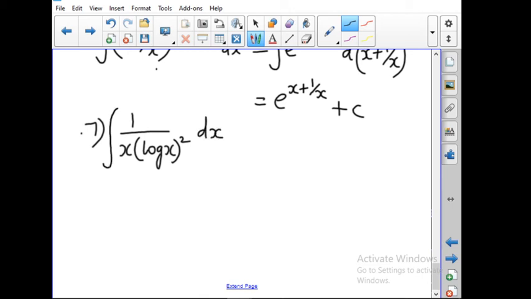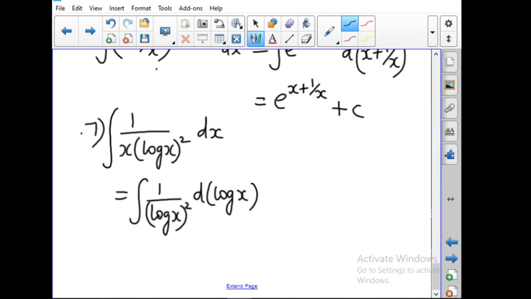Okay. Now this can be rewritten as 1/(log x)² into the differentiation of log x. 1/x can be written as the differentiation of log x. So you can write by the side, the differentiation of log x is equal to 1/x.